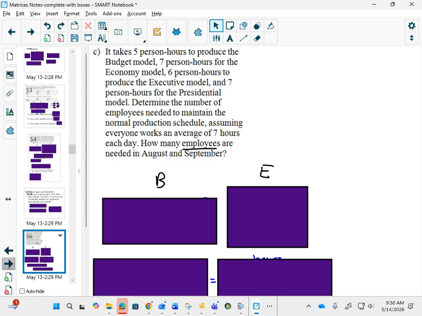How many employees do you need to maintain a normal production? Everybody works on average 7 hours per day. So how many do we need in normal? How many do we need in August and September?